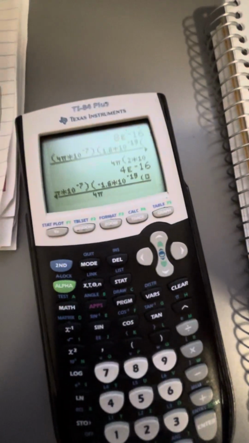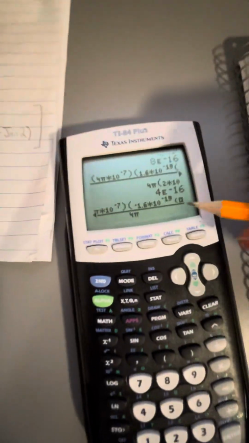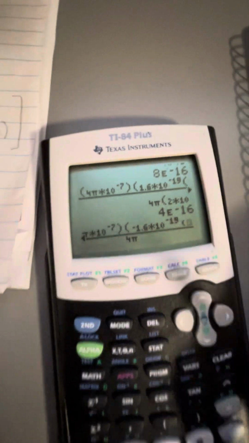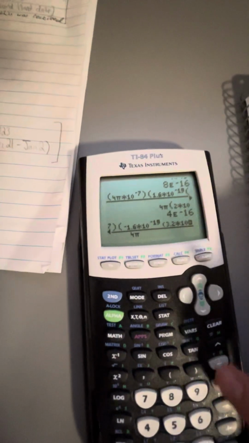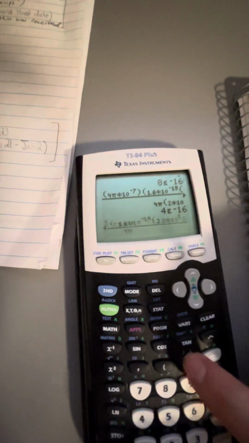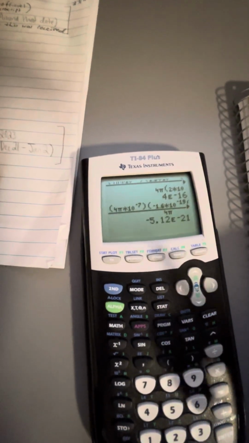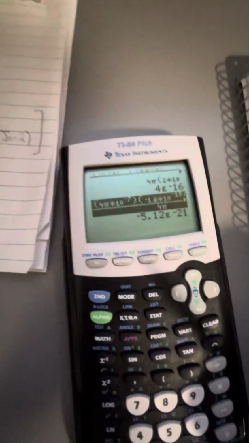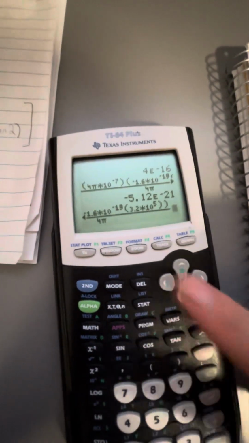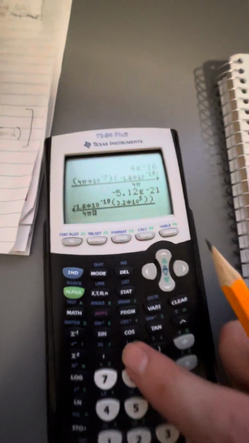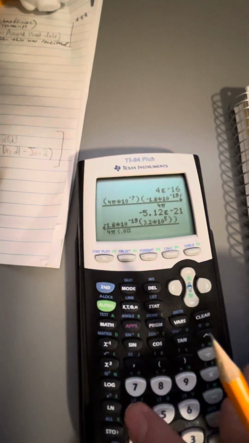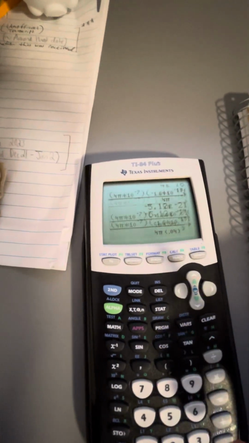Okay, so in that case it would just be the 0, so that gets rid of itself. So then just times 3.2 times 10 to the 5th.